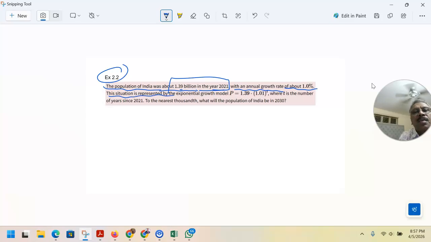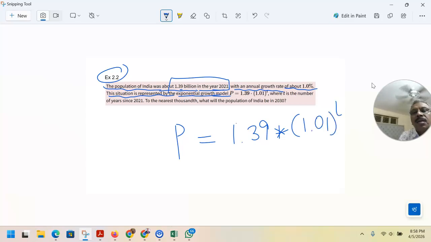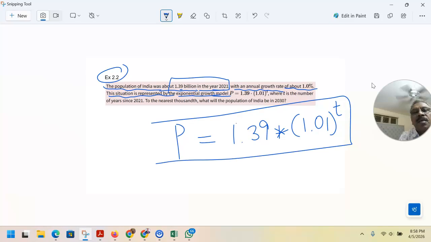This situation is represented by the exponential model P equals 1.39 times 1.01 raised to t. So they already gave us the exponential model, where t is the number of years since 2021. To the nearest thousand, what will be the population in the year 2030?